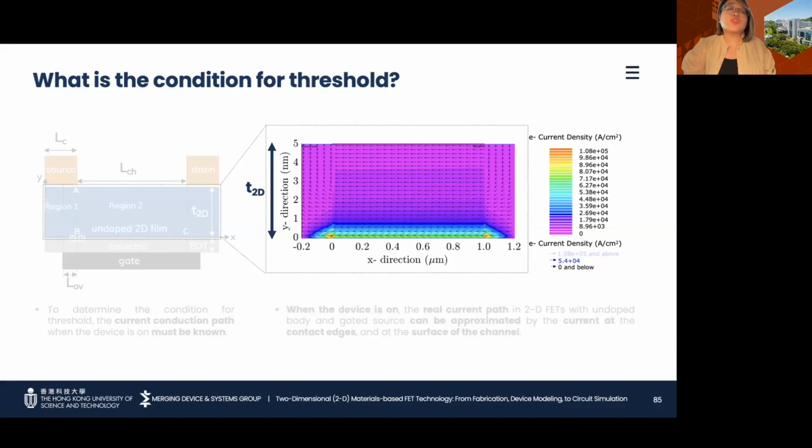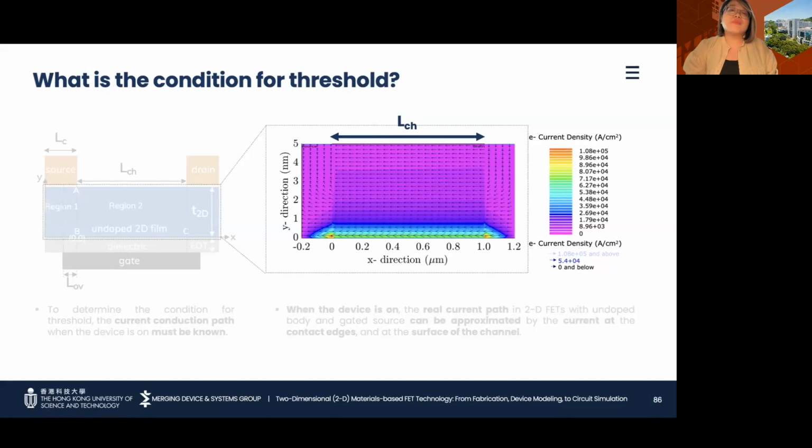So to focus on the turn-on condition and ignore any short channel effects, a 1 micrometer channel length is considered. It should also be noted that in our TCAD simulations, the representative 2D film used is MoS2, and a barrier height of 0.3 electron volt is assumed, which is within the range of the barrier height at the metal MoS2 junction extracted in experiments.